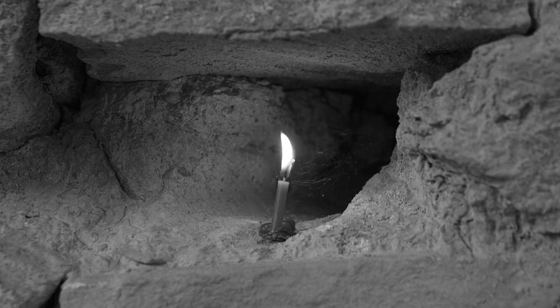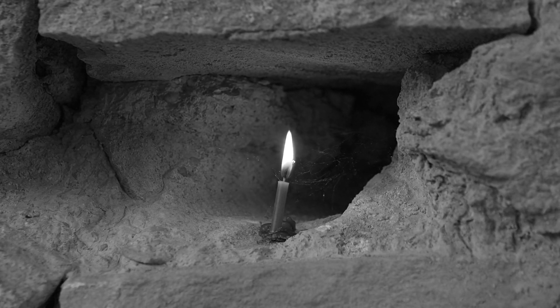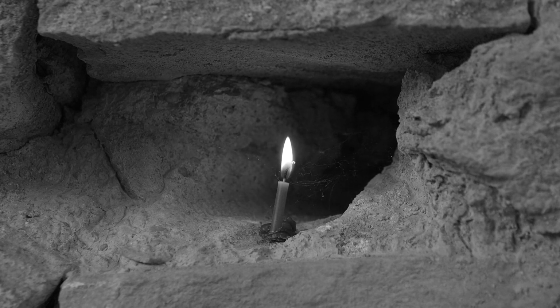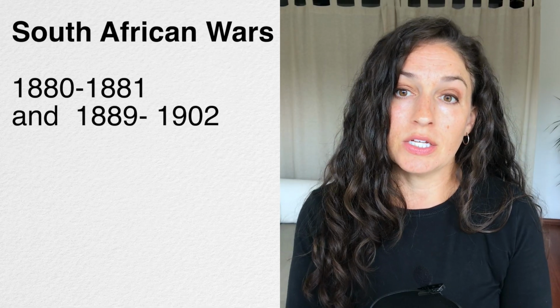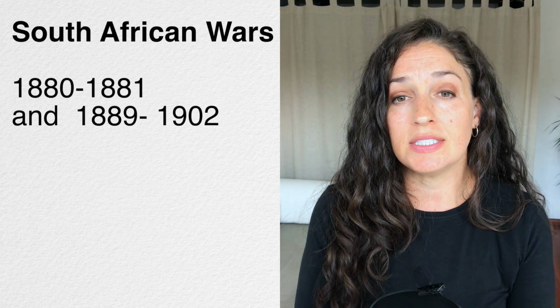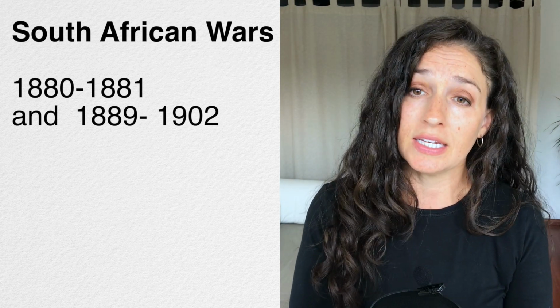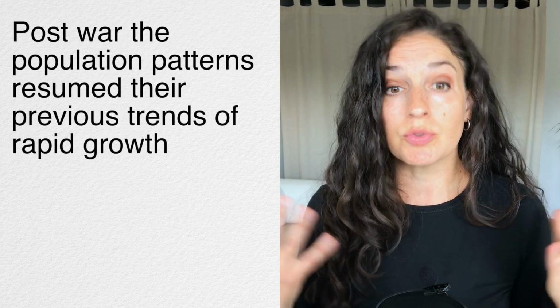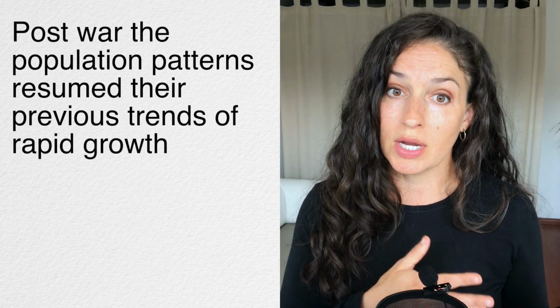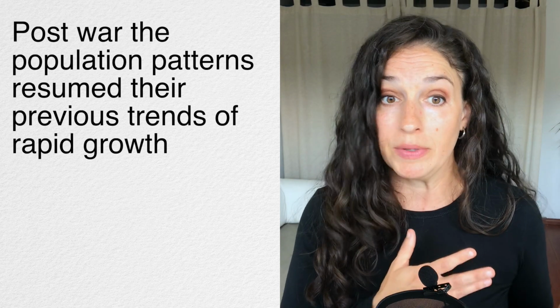So the closure of all of the mining activity in October of 1899 basically brought to an end the economic activity in the region. After the South African wars, the post-war population patterns really resumed their previous trends and also rapid growth.